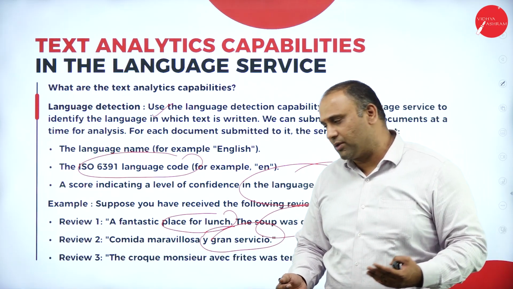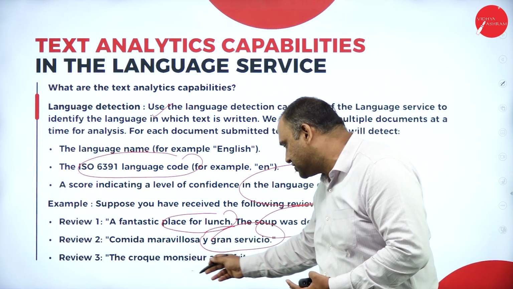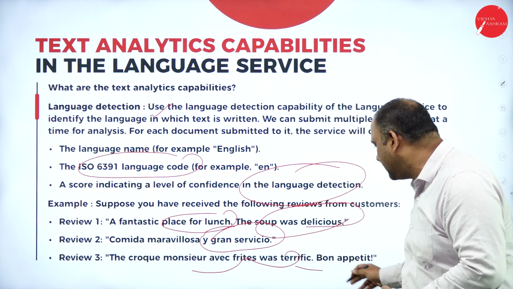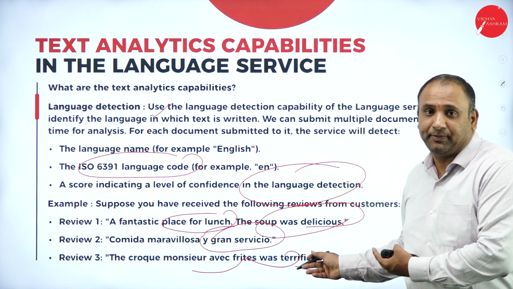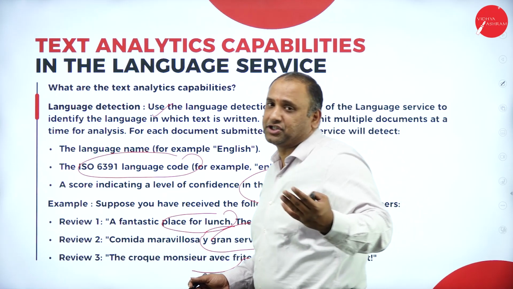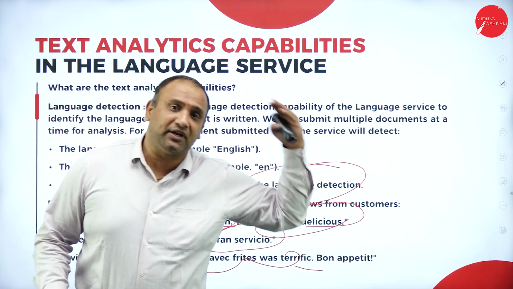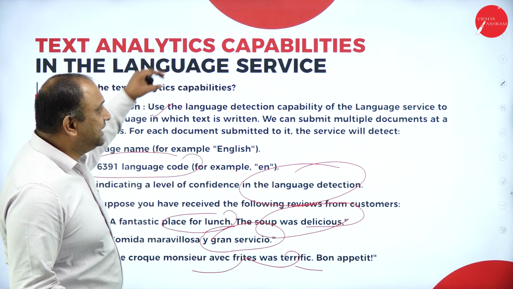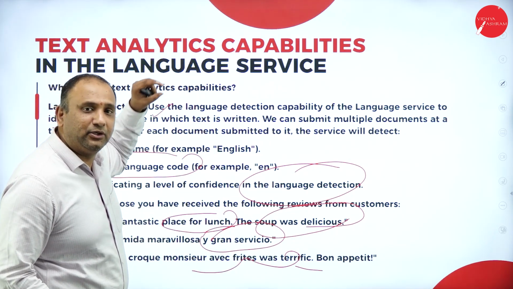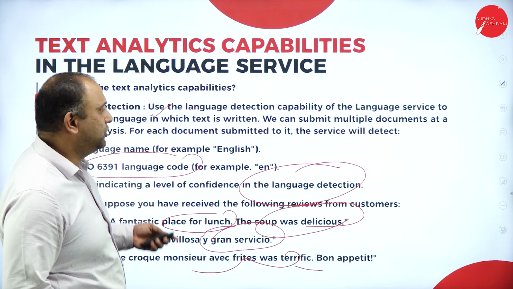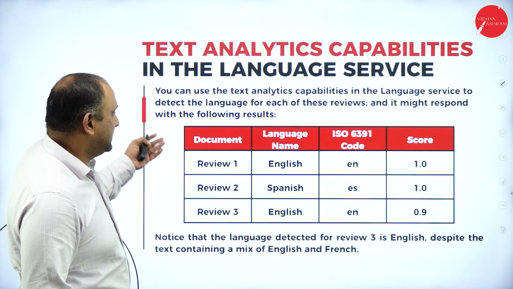Similarly, if I talk about French, where I say the croque monsieur avec frites was terrific, bon appétit. Now, when I say bon appétit, I'm using a French term altogether. These words have to match and synchronize with the computer so that it's able to flow with the natural process altogether.